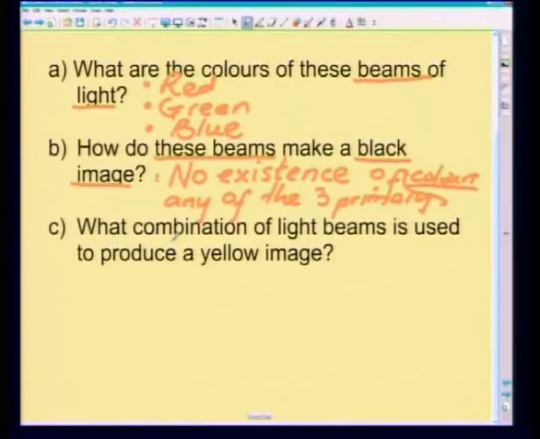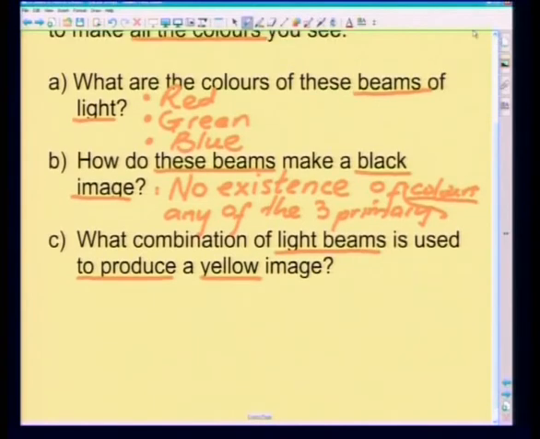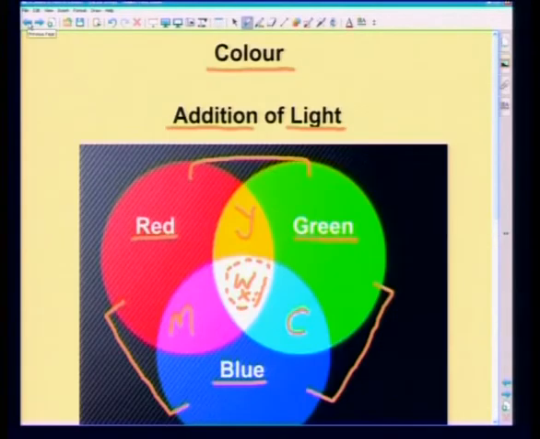Right. Let's move on. Let's look at this last one here. What combination of light beams is used to produce yellow image? Now, perhaps we need to refer back here so that we see that this is not something to crack our skulls about. We want to produce a yellow image.